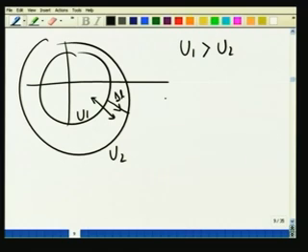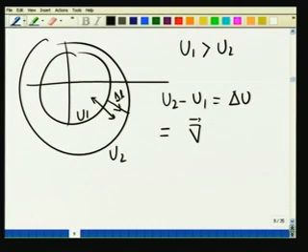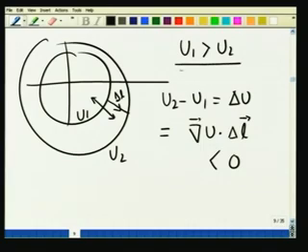Then I know that u 2 minus u 1, which is change in u, is going to be equal to gradient of u dot delta L, and this should be less than 0 because I have already taken u 1 is greater than u 2.